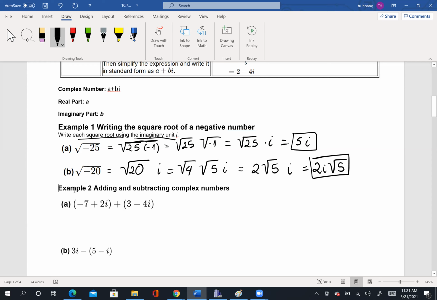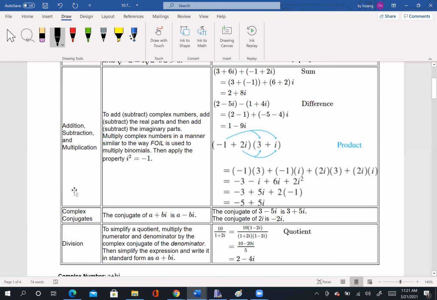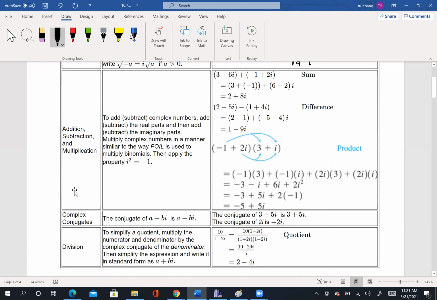Okay, so let's move back. We also learned about addition, subtraction and multiplication. Let's talk about addition and subtraction first. In order to add or subtract complex numbers, we add or subtract the real parts and then add or subtract the imaginary parts.